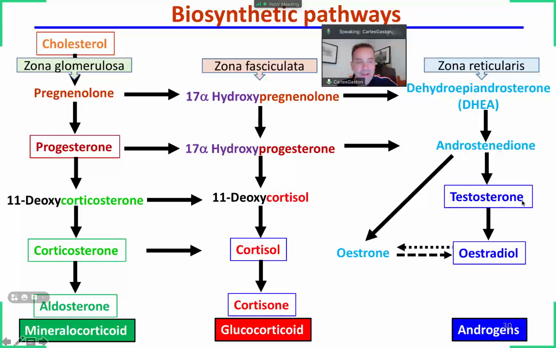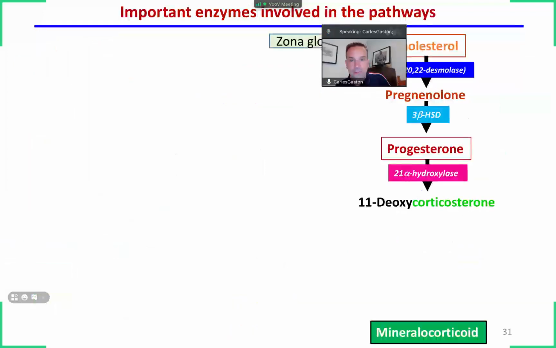These hormones have an impact on sexual maturation of the organs. We are going to go very, very slowly, looking at every single pathway. As I said, it is a little overwhelming because it has lots of different enzymes.